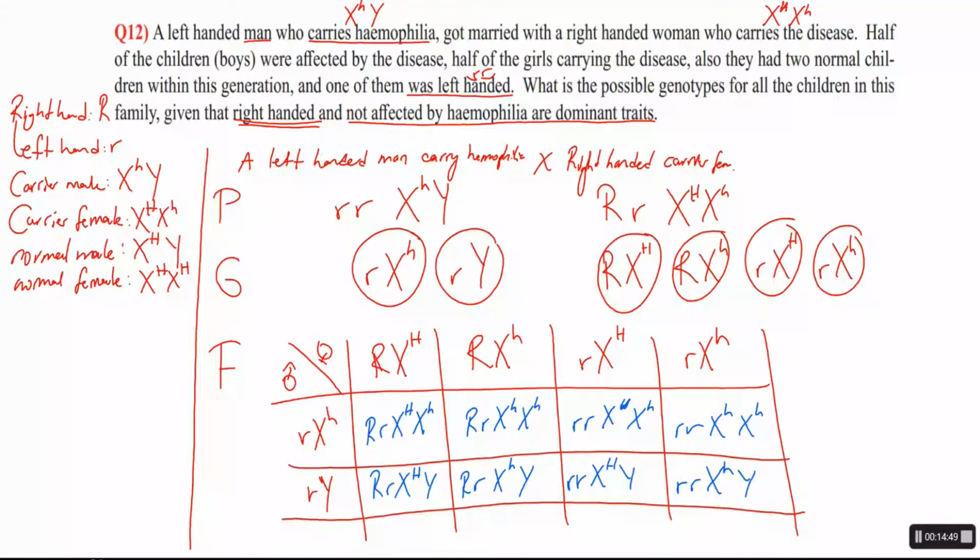And as a result of F generation, we see the possible genotype for all the children in this family, like right-handed carrier female, right-handed affected female, left-handed carrier female, left-handed affected female, right-handed healthy or not affected male, right-handed affected male, left-handed not affected male, and left-handed affected male.